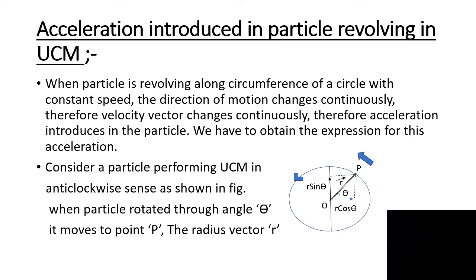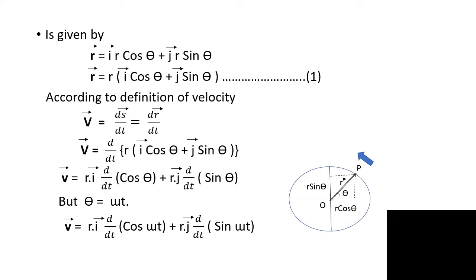Along the x direction, the component is r cos theta, and along the y direction, the component is r sin theta. Obtained as r bar equal to i bar into r cos theta plus j bar into r sin theta. So here r bar equal to small r into i cos theta plus j sin theta.